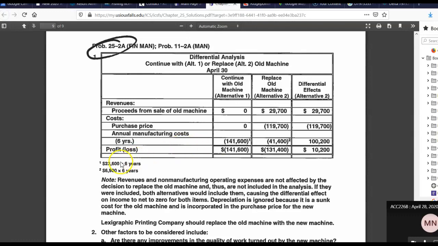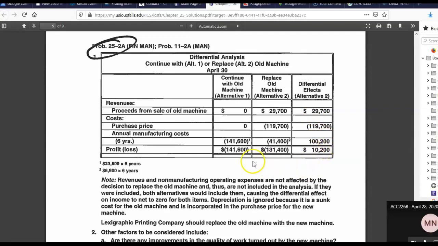$23,600 per year. If they replace the machine, of course, they're going to have to buy a new one. They're going to get some cash from the sale of the old, like a trade in. And then there is its annual manufacturing cost. Again, I'm not so concerned about this. Of course, you have to put in the right numbers for Cengage, but this is the number that matters, right?